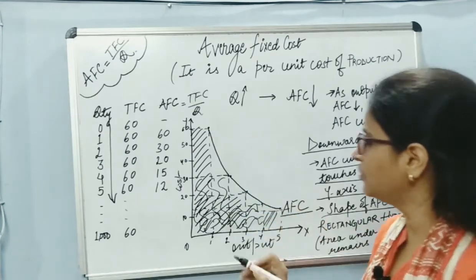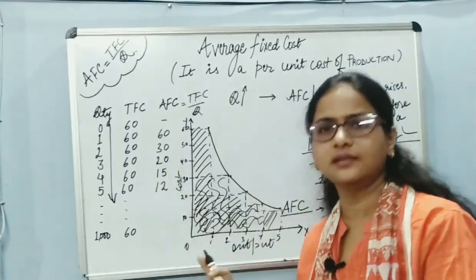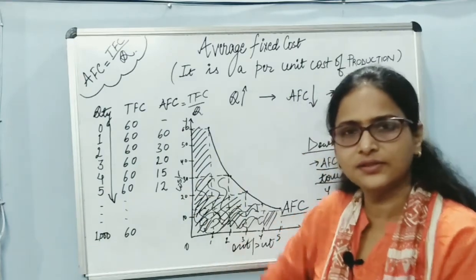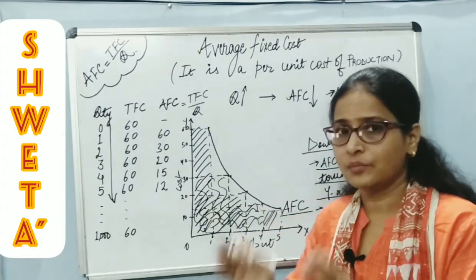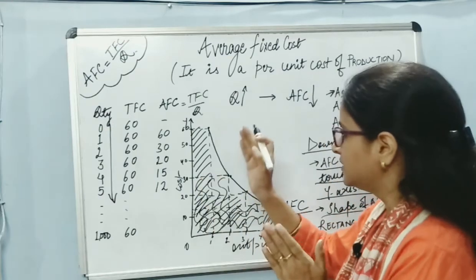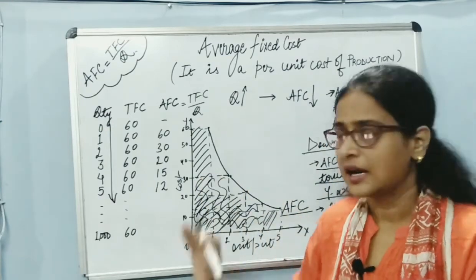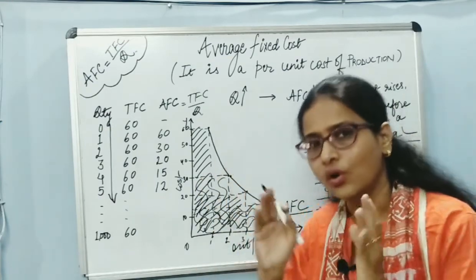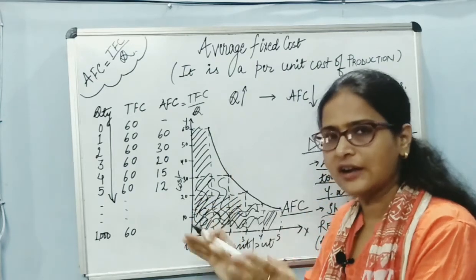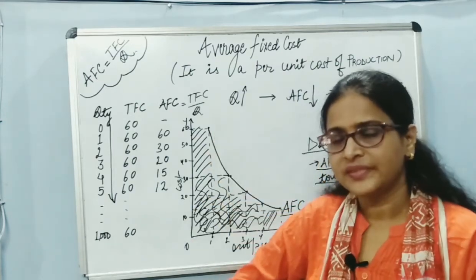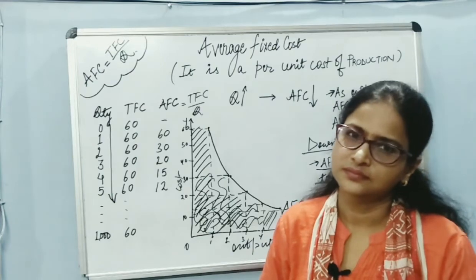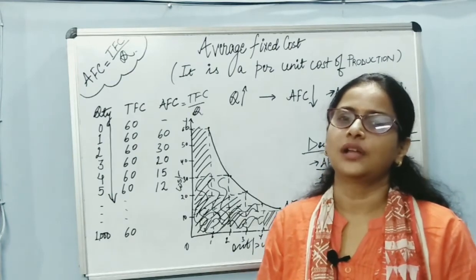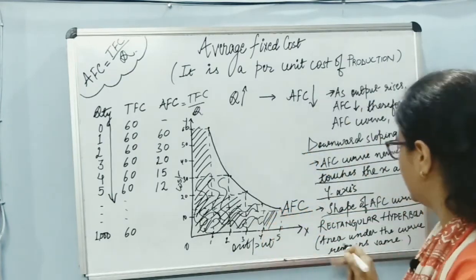So you can see you have got many rectangles under this curve, and the most important thing is that all the rectangles you have made under this curve have the same area. That is why it is known as a rectangular hyperbola.